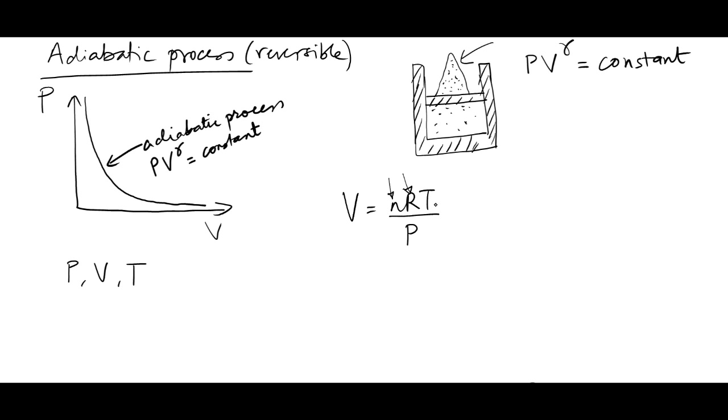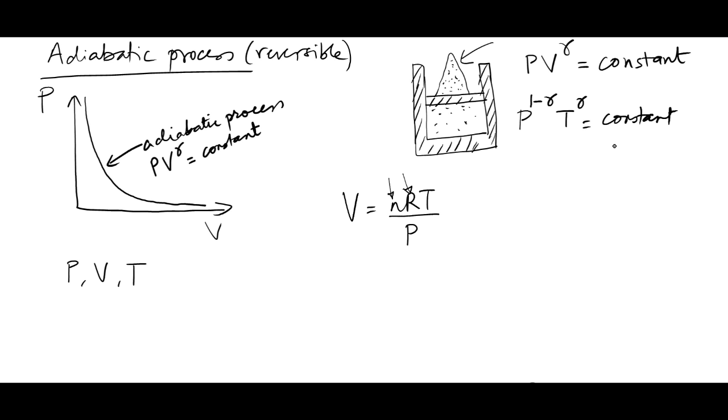So all the constants, you can take them to one side of the equation, and the variables, which would be temperature and pressure, you keep them on the left hand side. So after some manipulation, what you get is P raised to 1 minus gamma multiplied by T raised to gamma is equal to a constant.